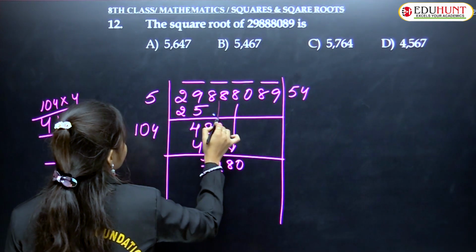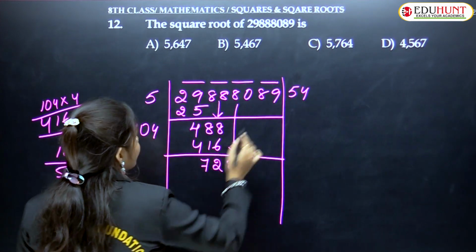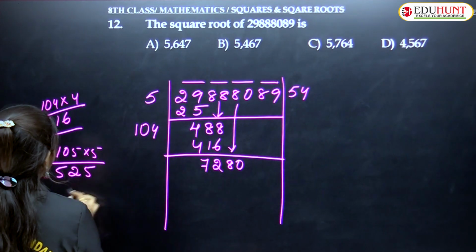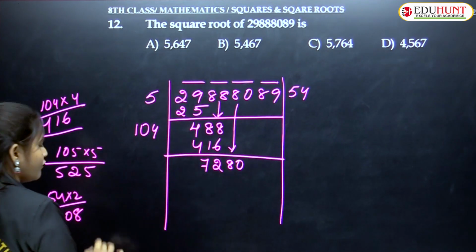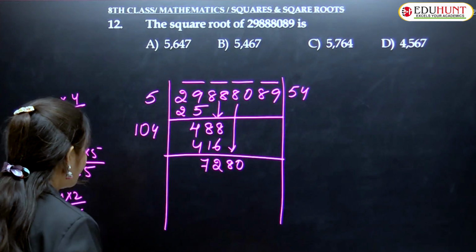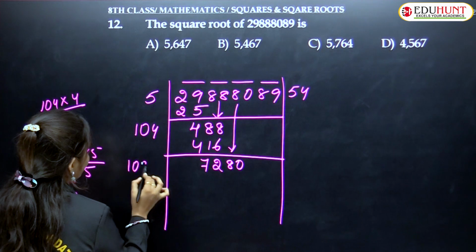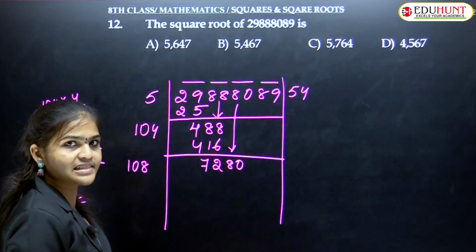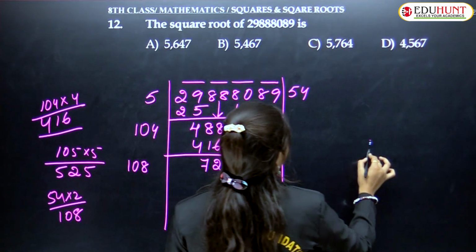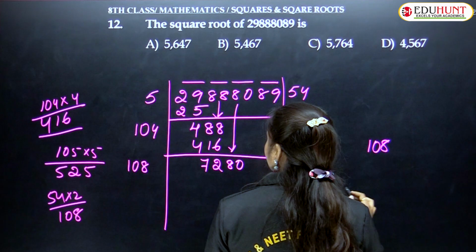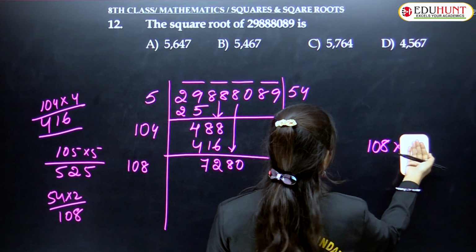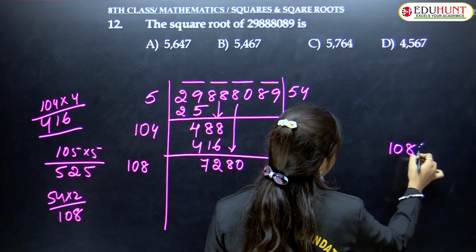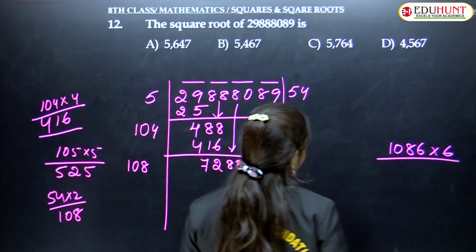Understand? So see here, 54 2s is equal to 108. Again, which number is needed? If you take the nearest number, 1086 into 6, just check this one.